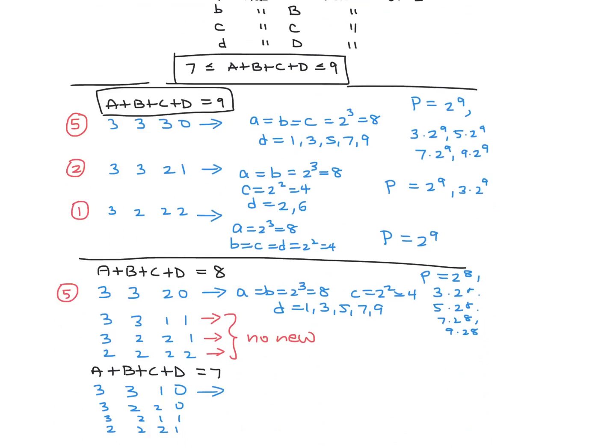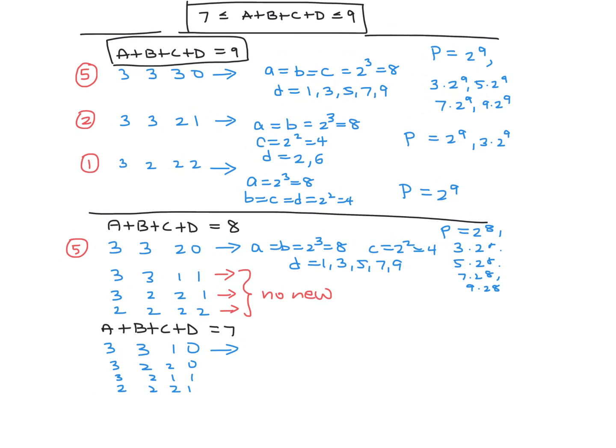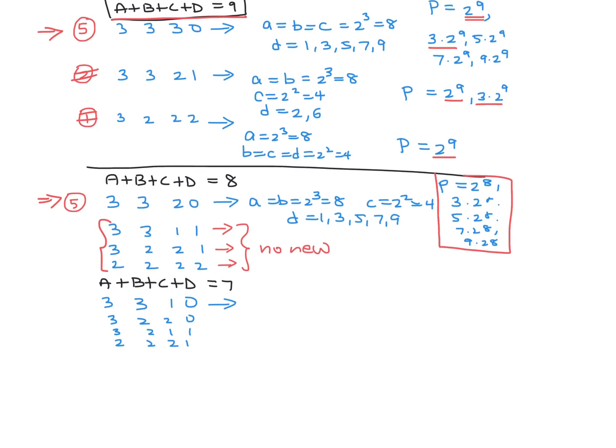So if they want different values, we only have to look at unique values. Since this is already the same here, and this has already been included here, this actually doesn't count. Same thing, this 2 to the 9 has already been included there, so that doesn't count. So this is the only 5 unique that we get from this scenario. Here, same thing, we get 5 unique, and these ones will give you values of p, but they'll be the same as these guys. So that's actually very important.